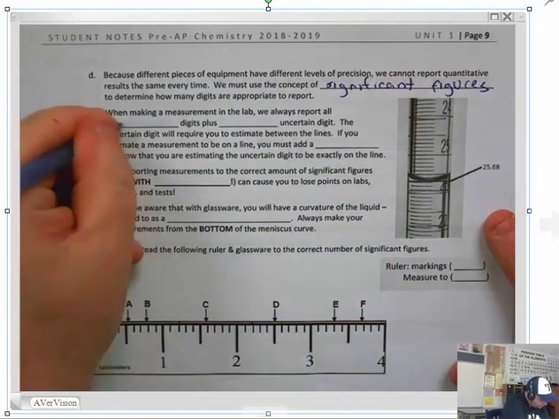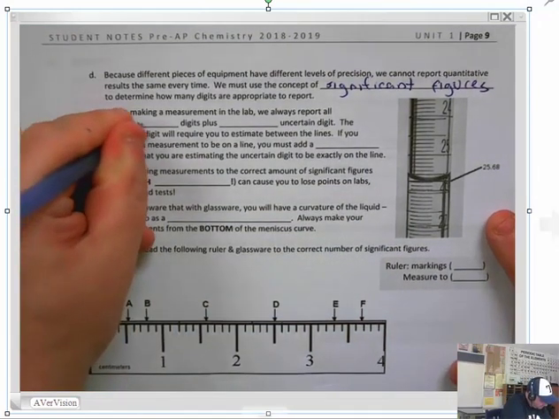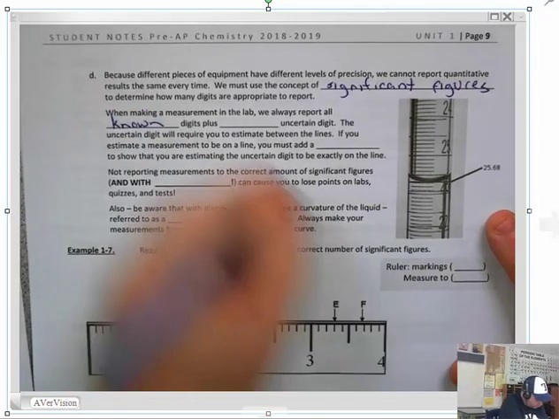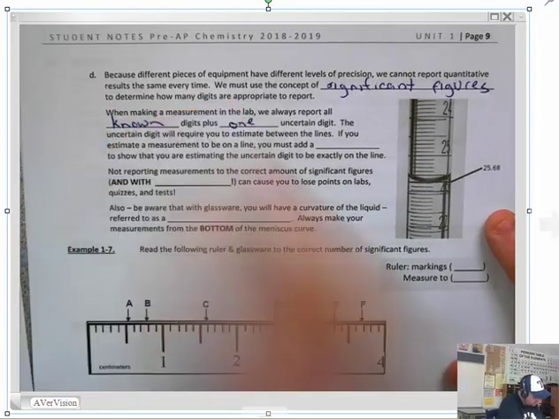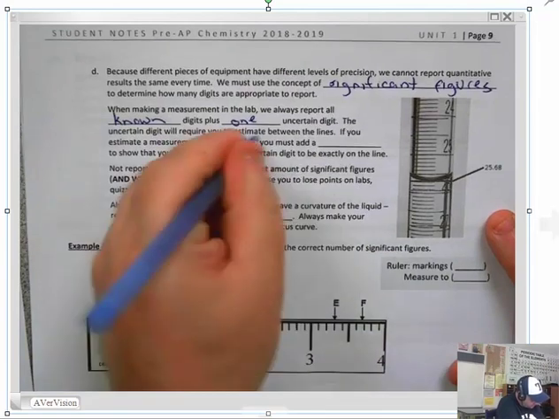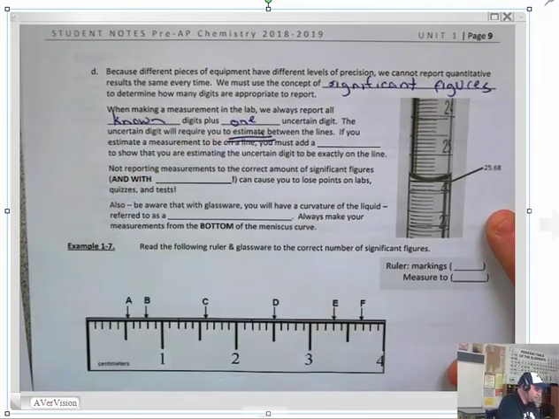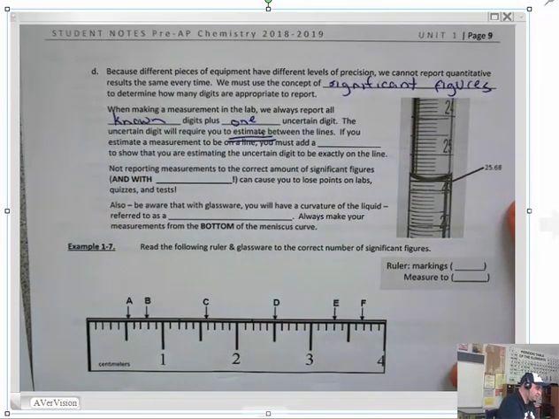You always report one known digit plus one uncertain digit. This is the estimated digit. There is always one estimated digit when you make a measurement.